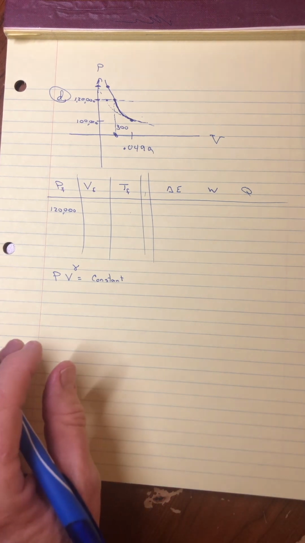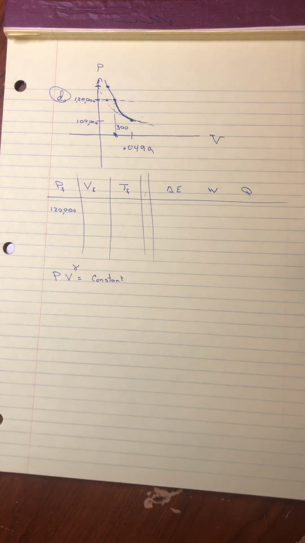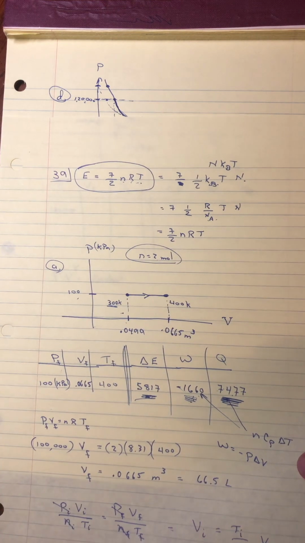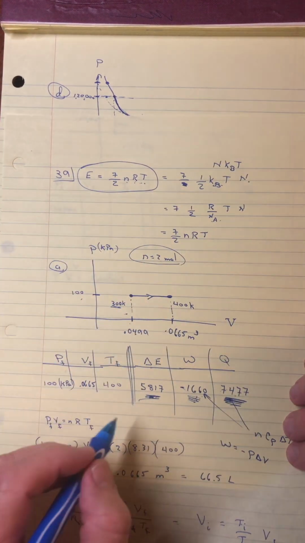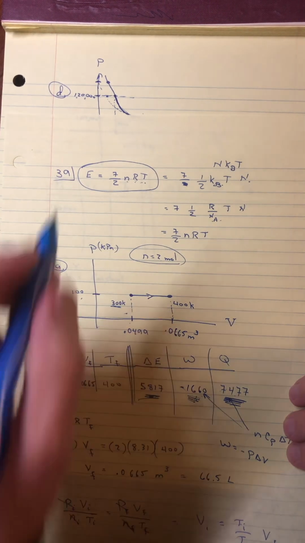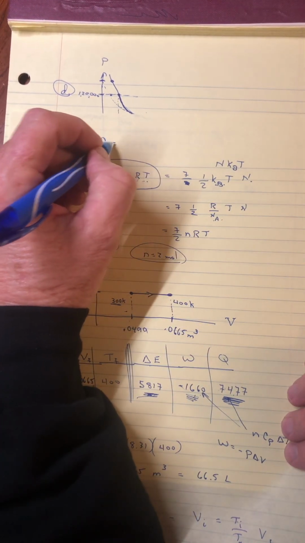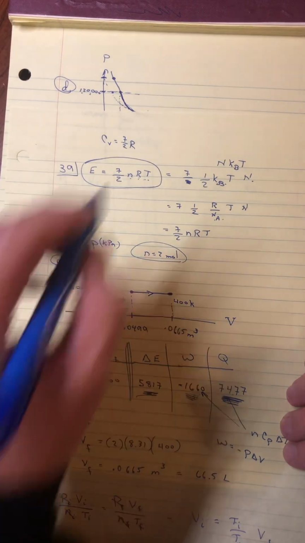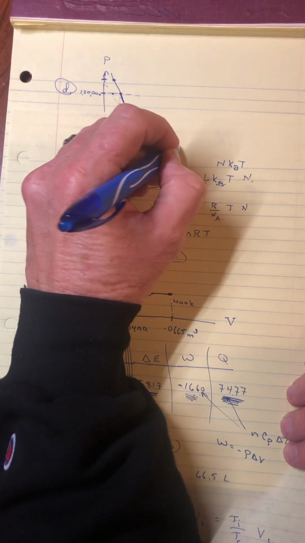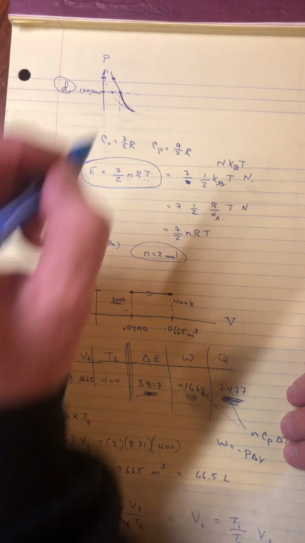And if you recall, let me just read the problem again here. At the beginning, we concluded there were 7 degrees of freedom, or the CV would be 7/2 R, which means the CP is 9/2 R.